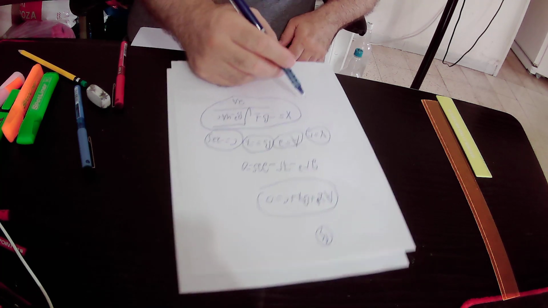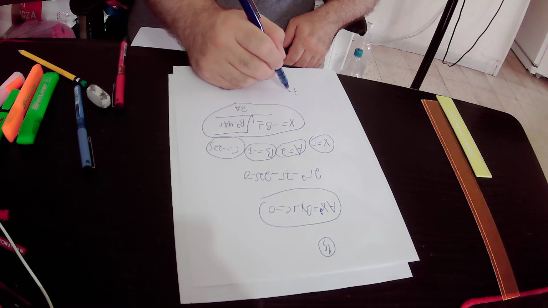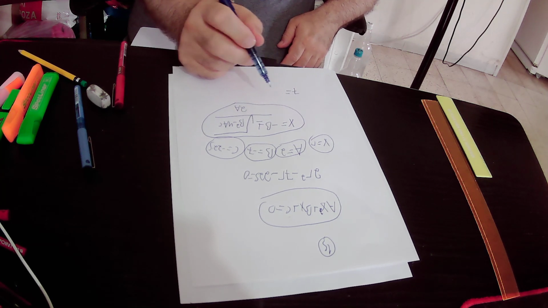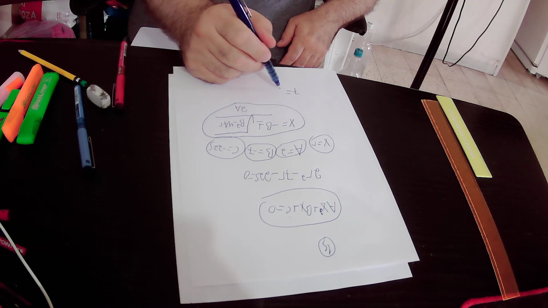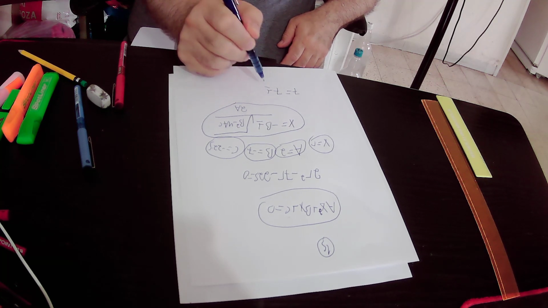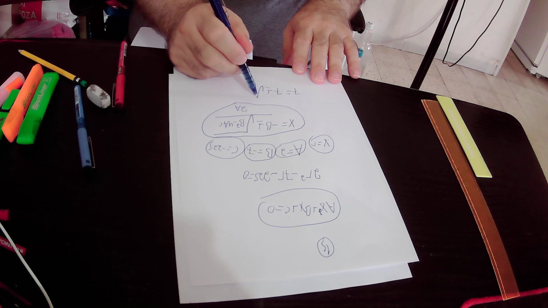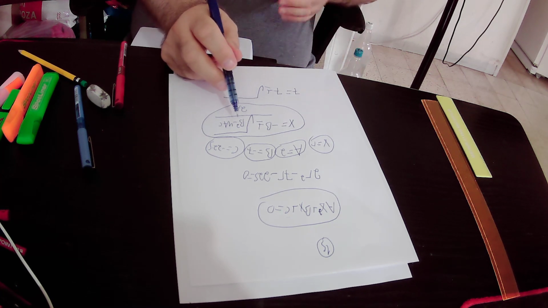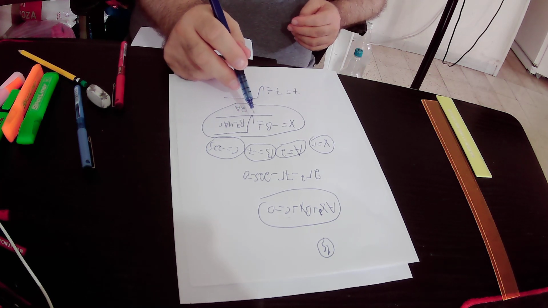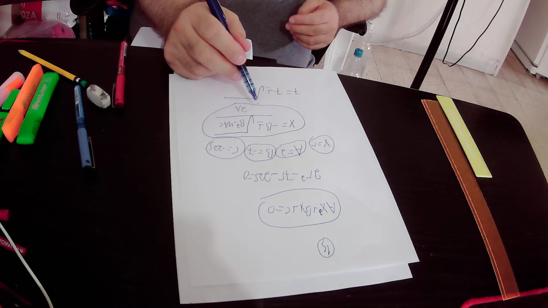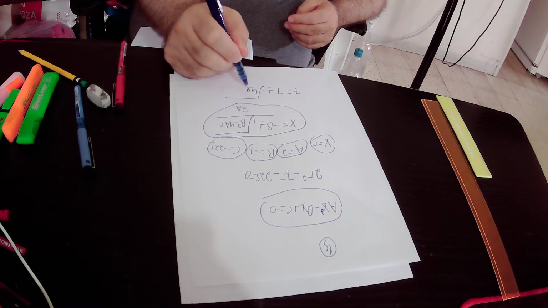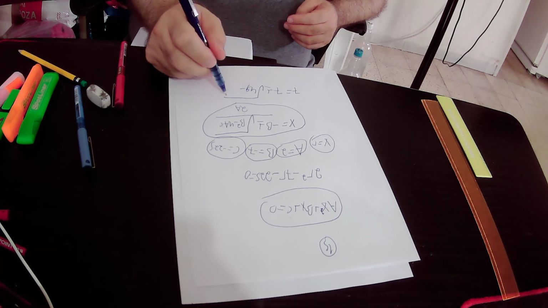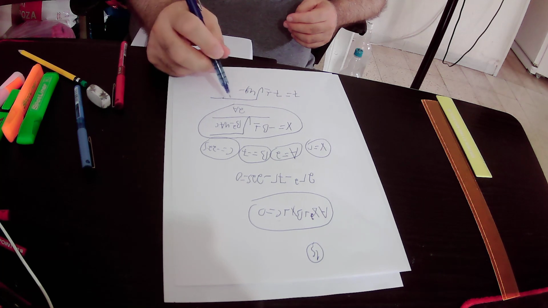Here x equals r, and minus b: b equals minus 7, so minus b is plus 7, plus minus root of b squared, which is minus 7 squared, is 49, minus 4 times a times c.